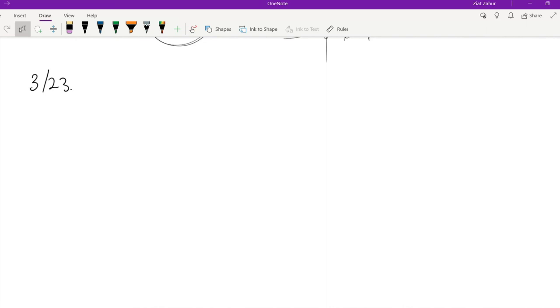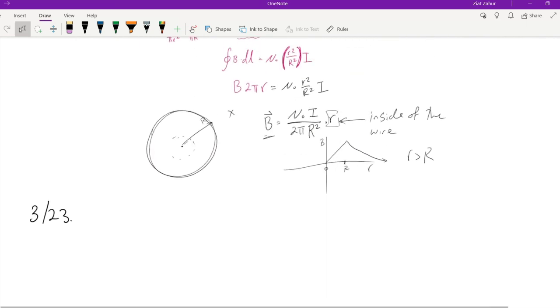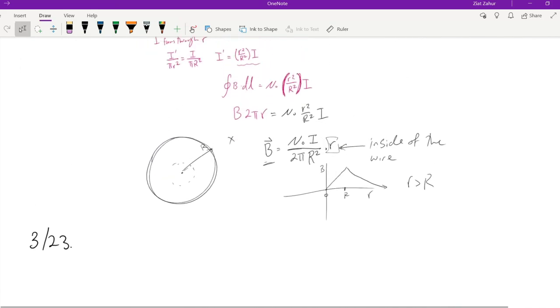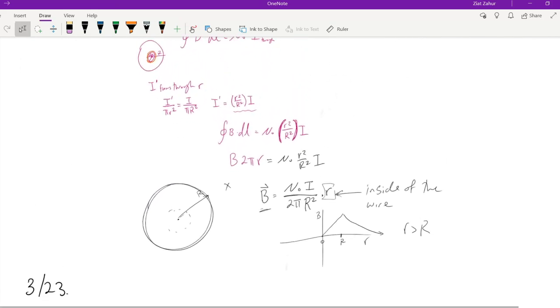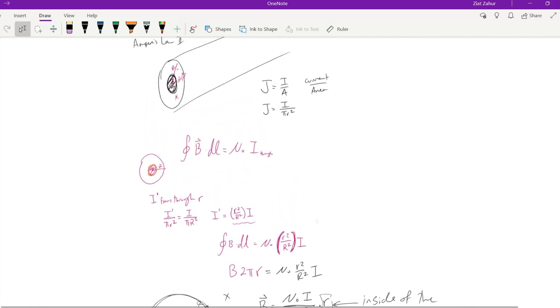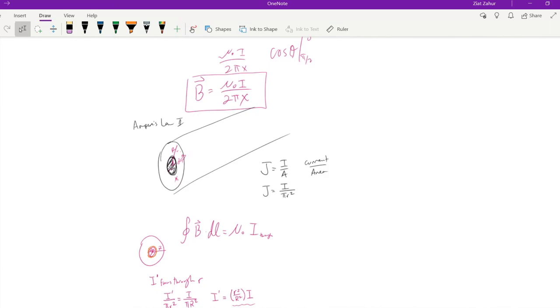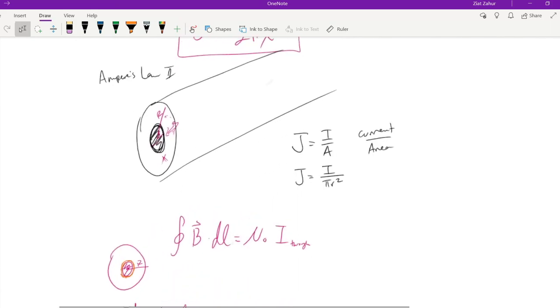Today we're going to go over what we started with Biot-Savart law last time, and we also did Ampere's law. This was the magnetic field inside the wire, based on some sort of current density function, how much current you get per area.